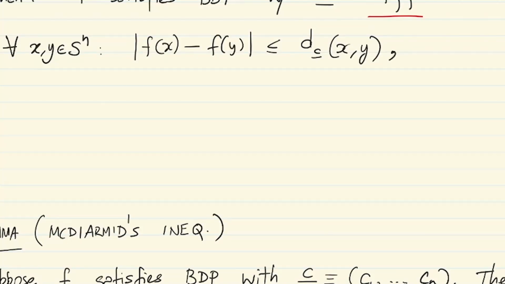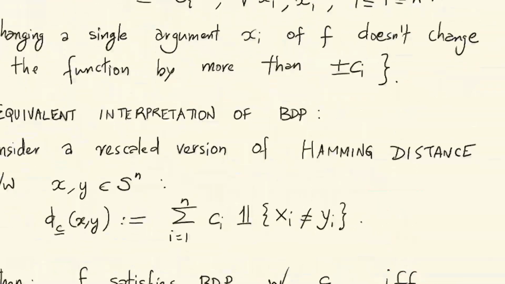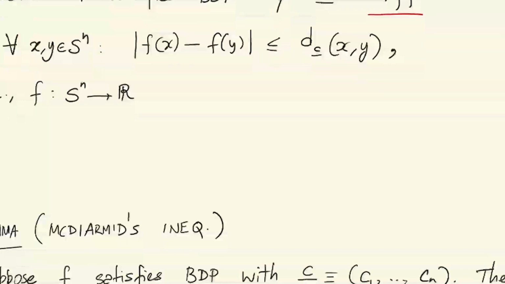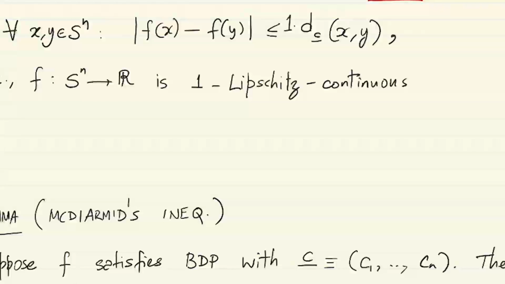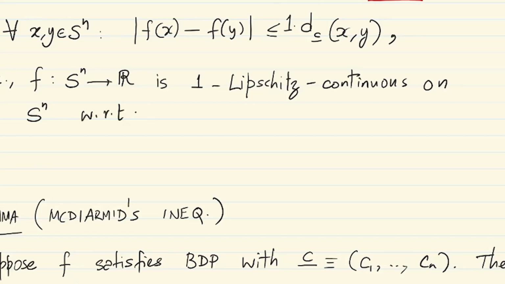So another way to say the same thing is that f from S^n to R is 1-Lipschitz continuous, because there is essentially a 1 multiplying the right hand side, on S^n with respect to the metric, quote unquote metric or distance, induced by c.